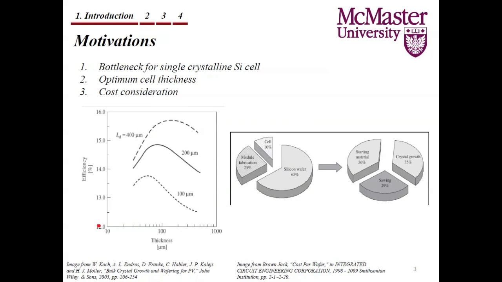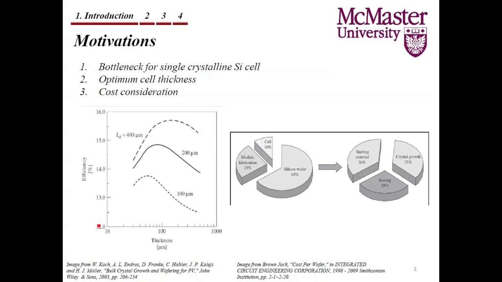Our motivation to build VLIC to produce a single crystal silicon substrate is the current bottleneck in the silicon wafer industry, where we have a limitation in the thickness of around 200 micron. To further reduce the thickness, it will cost a lot due to the high kerf loss in the current industry.